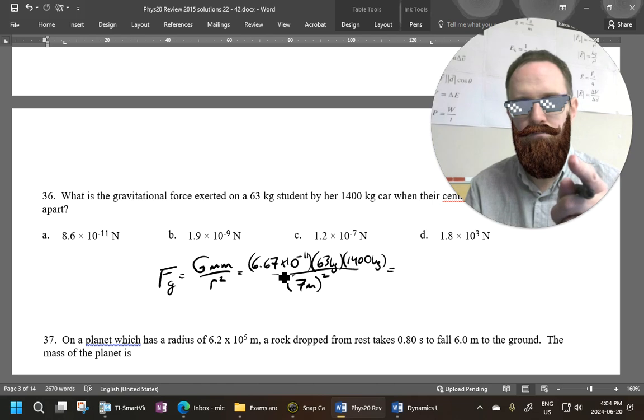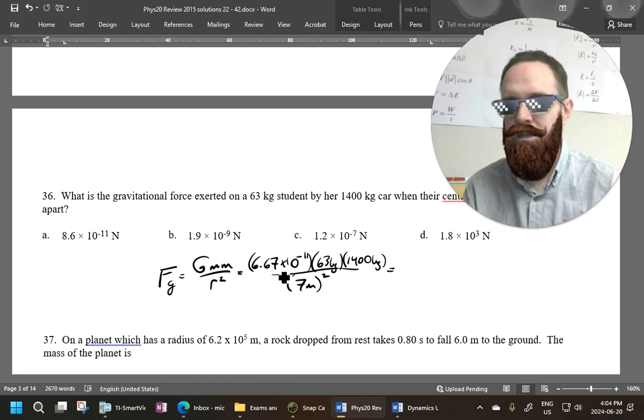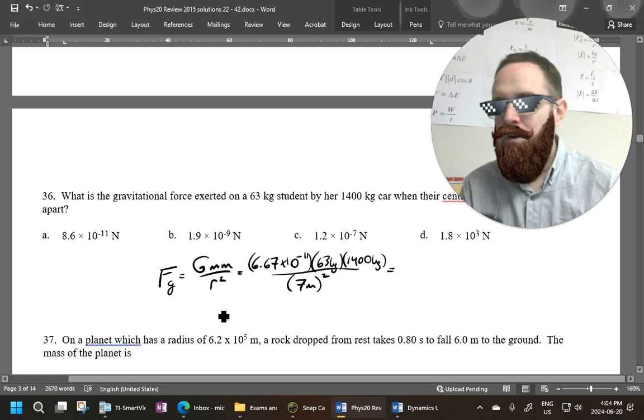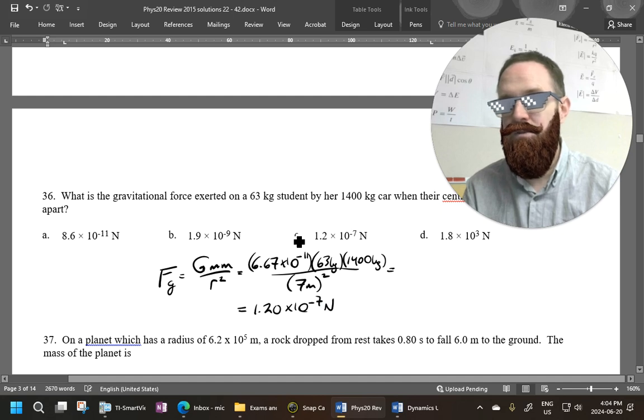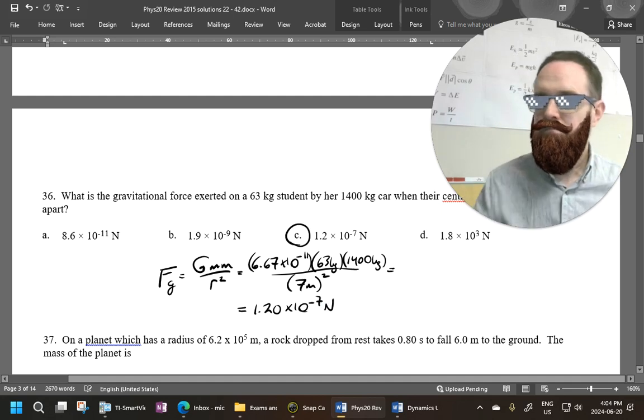Yeah, no, they didn't put that one in there. 1.2 times 10 to the negative 7. 1.2006 or so times 10 to the negative 7 newtons. So that's going to be C. Cool.